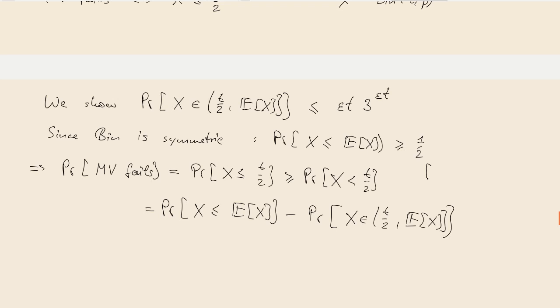So this is just, graphically speaking, here is the expected value. Or maybe not exactly in the middle, because p is a bit larger than 1/2. And here's the middle, that's actually T/2. And now the first probability says we're in this left half. And to be smaller than this just means subtract that little part here. And then using this bound, this is just 1/2, or at least 1/2. And this is at most this.